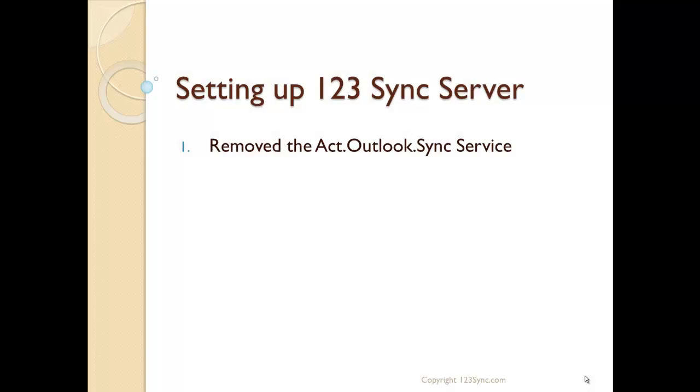So now we have removed the ACT Outlook sync service, so that will no longer come up when the machine gets rebooted or while it's operational. And we also have removed the ACT Outlook services, so those will no longer be enabled on this particular machine.